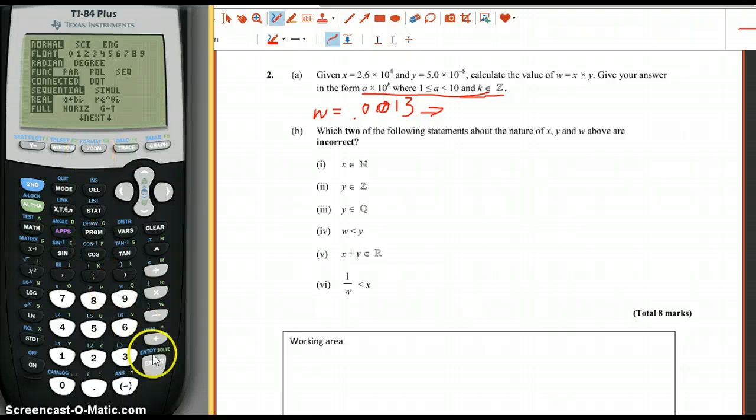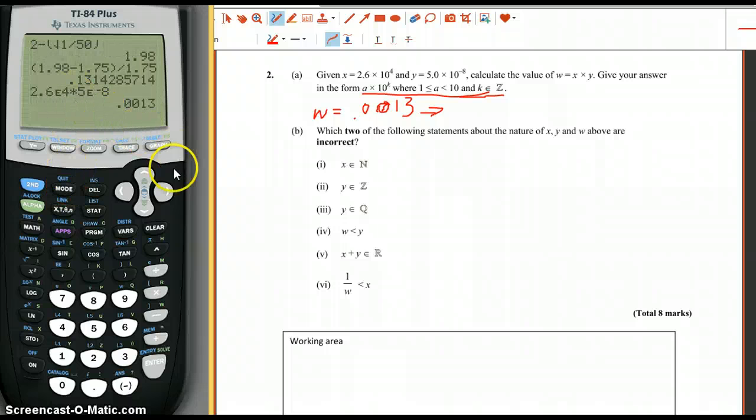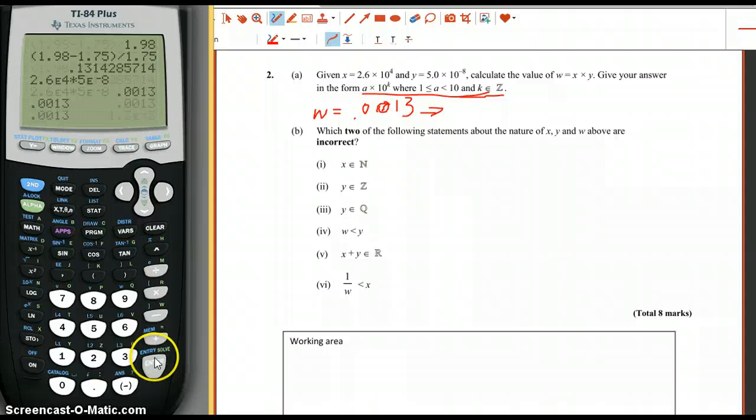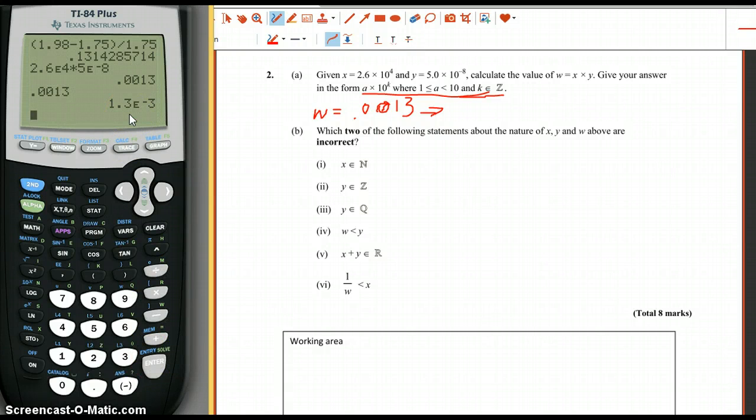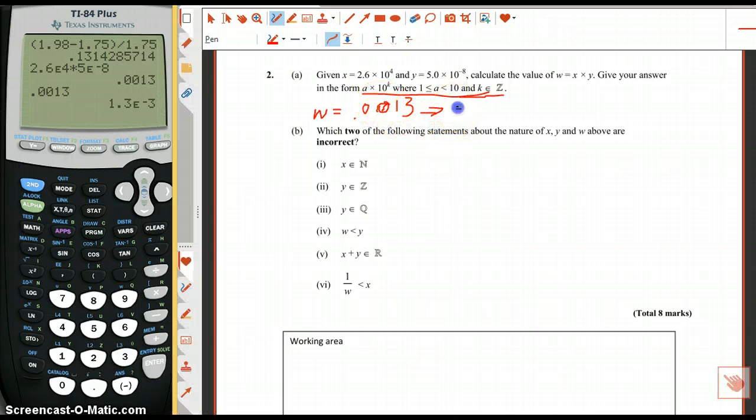You go mode, scientific, and quit. Now, let's go back and grab this and say, what is that in scientific notation? It's 1.3 times 10 to the minus 3, of course. The calculator does it. The calculator can help you a lot in this class, in case you didn't notice.